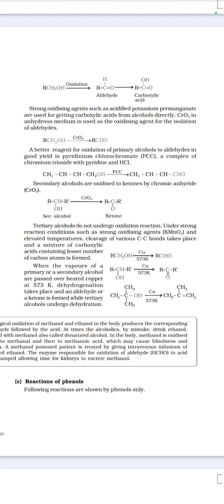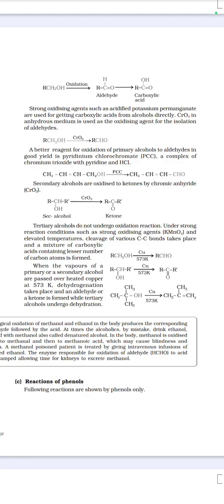A better reagent for oxidation of primary alcohol to aldehyde in good yield is pyridinium chlorochromate (PCC), a complex of chromium trioxide with pyridine and HCl. CH3CH=CH-CH2OH gives CH3CH=CH-CHO in the presence of PCC.